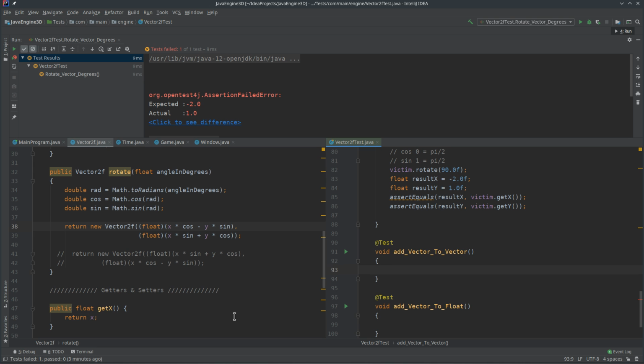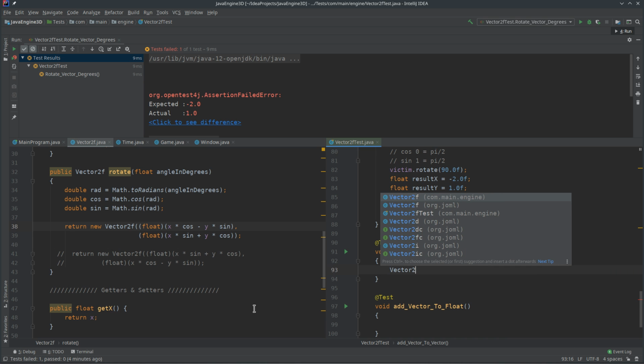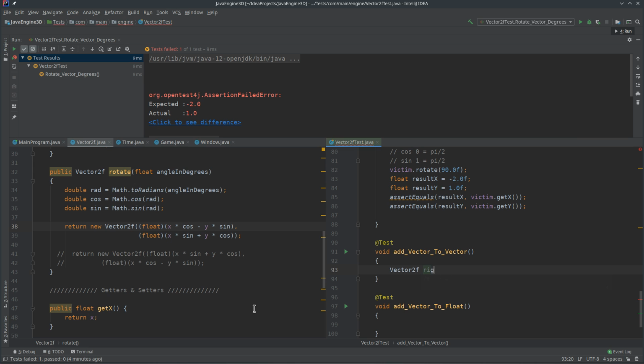What do we expect to happen when we add two vectors together? We expect both x and y to be added individually, I believe. So we need to do an add function. So vector add something. So I'll need a right hand side. Okay, vector to f, right.